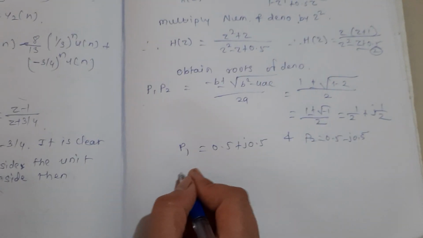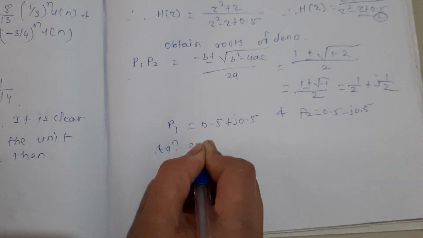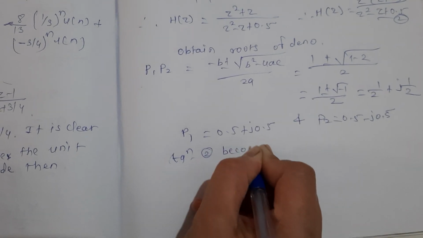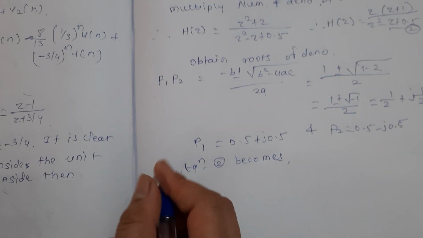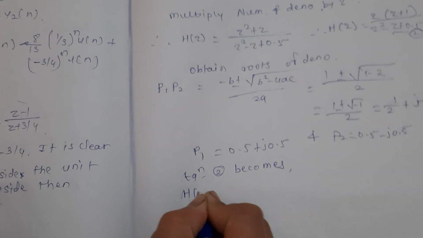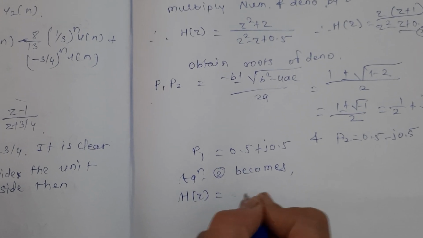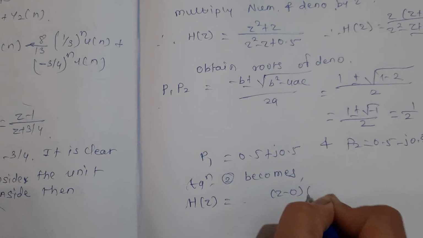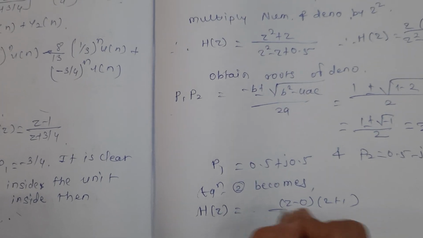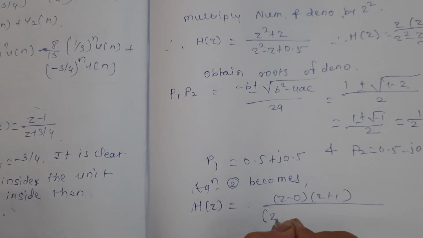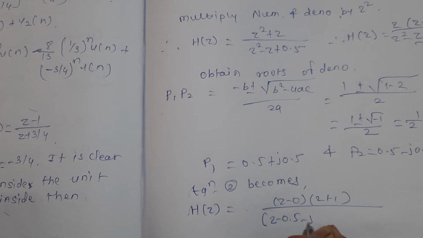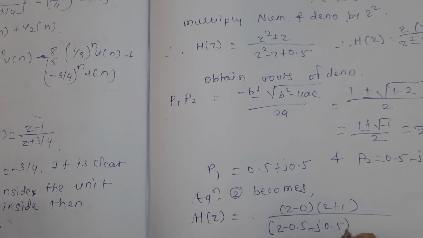Now equation 2 becomes h of z is equal to z minus 0, z plus 1, divided by z minus 0.5 minus j 0.5, z minus 0.5 plus j 0.5.